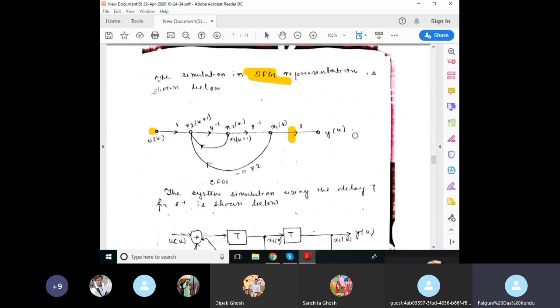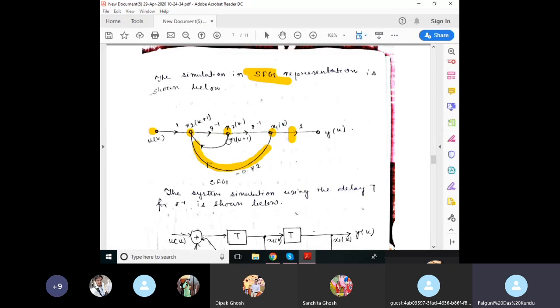Okay, so here we take x1k, this is x2k, and this is x2k plus 1. Actually again x2k is nothing but x1k plus 1. Okay, so this is a z inverse, and x2k plus 1 is x1k multiplied by a gain of minus 0.72.